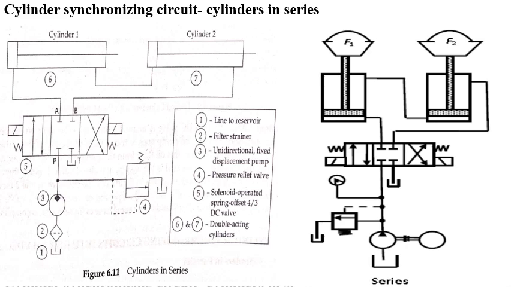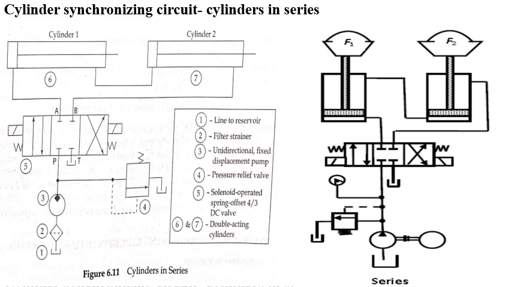Part number 5 is the solenoid operated spring offset 4/3 direction control valve. 6 and 7 are double acting cylinders: cylinder 1 is part 6, cylinder 2 is part 7. Cylinder 1 and cylinder 2 are connected in series. This is the construction of cylinders in series.